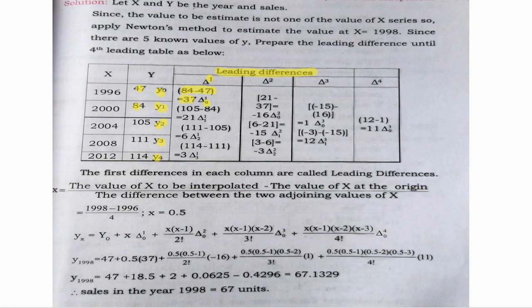Next 105 minus 84 is 21, delta 1 to the power of 1. Next 111 minus 105 is 6, delta 2 to the power of 1. Next 114 minus 111 is 3, delta 3 to the power of 1. These are the values of delta to the power of 1.